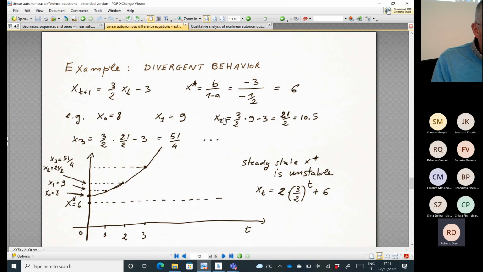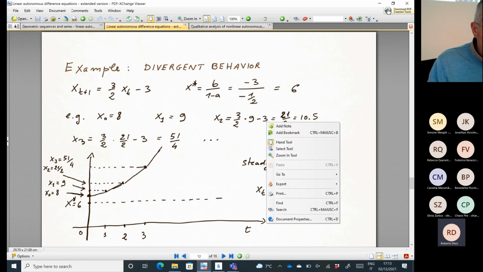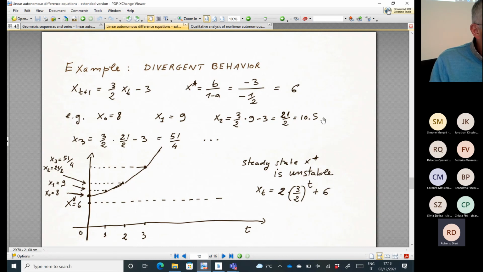Now, the third term, x2. x1 is 9, so 3/2 times 9 minus 3. 27/2 minus 3 is 21/2, which is 10.5. But you can do the same using the full solution.